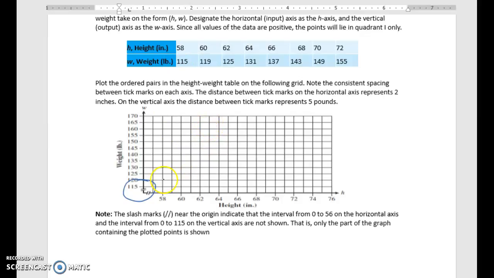So to better accommodate the data that's given, we can use these little slash marks to indicate there's a jump between 0 and 57, and then the next one we see is from 57 to 58. So we know we're actually scaling this by ones. And again here, we're going from 115 to 170, but we're only counting by 5, so we have to indicate that there's a break in the graph, because again, this point right here is always your 0, 0.